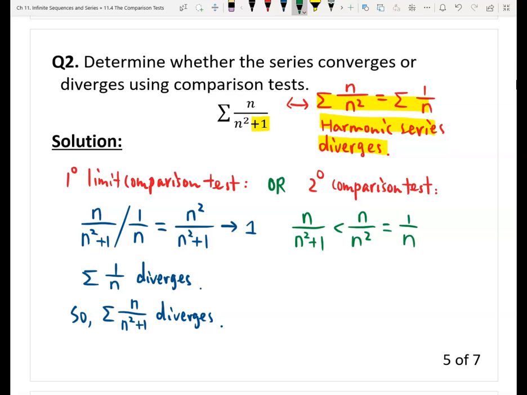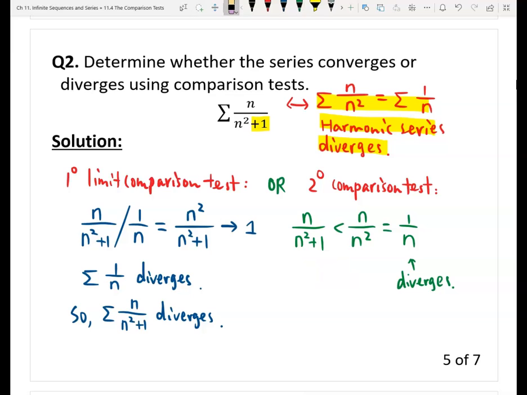Very easy. But this type of comparison does not work for us. Why? Because this is the larger series, and the larger series diverges. Do we have a result for the larger diverging series? How about the small one? No one knows. The small one probably converges, probably diverges. Which means this type of comparison does not work for us. Let me show you, we have to do it another way.